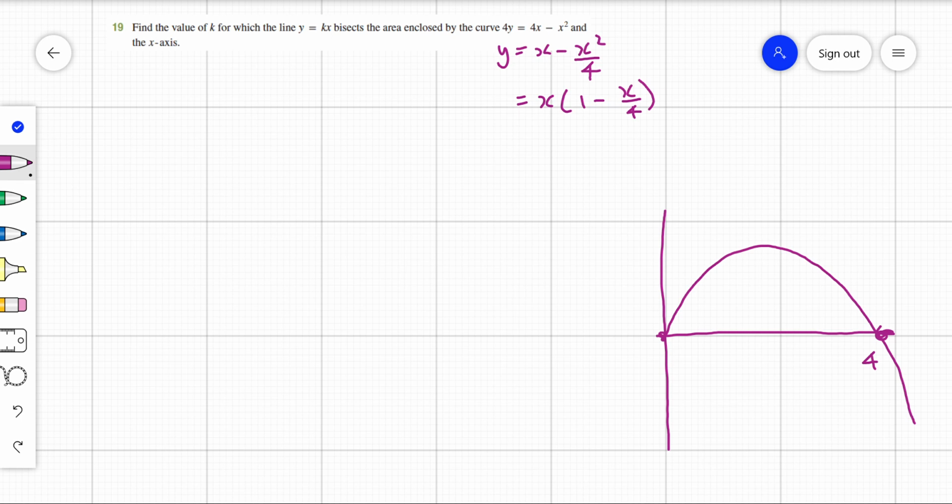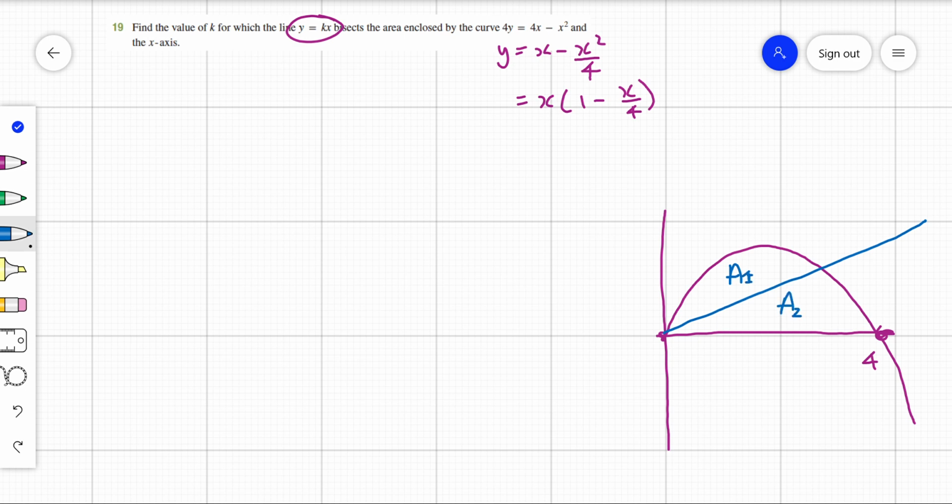And we're talking about a diagonal line that goes through 0, a straight line that bisects this enclosed area. So it must go something like this. So this area between the two curves here, say A1, let's say this is A2.